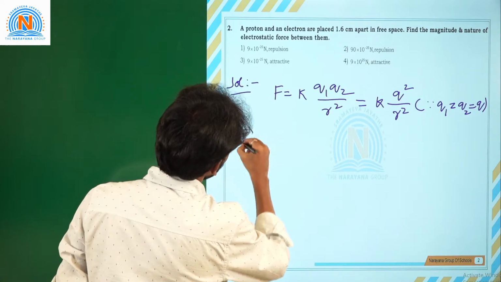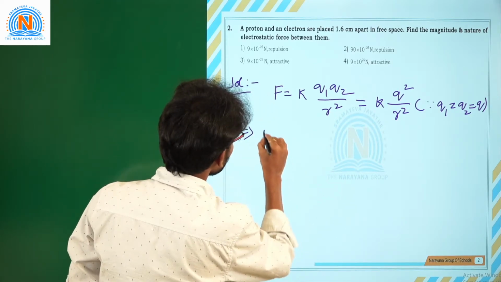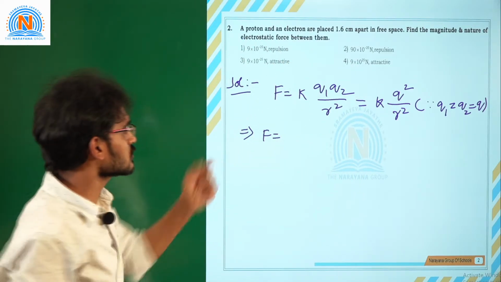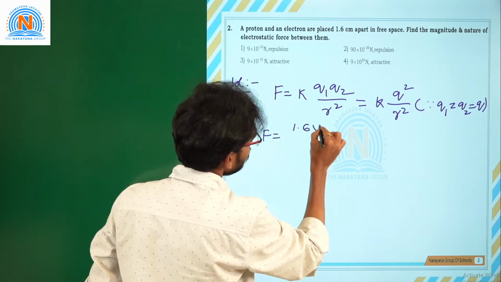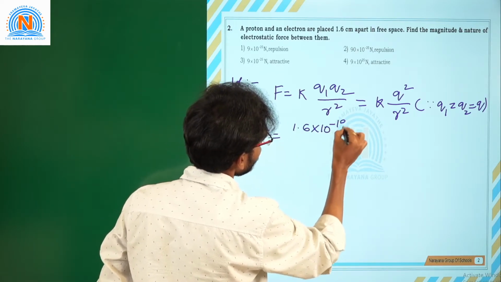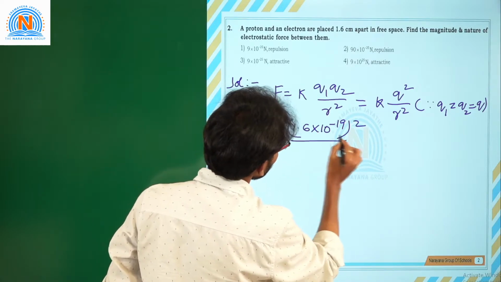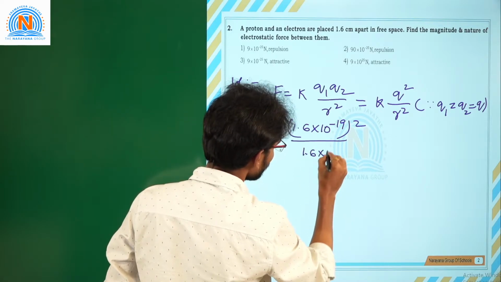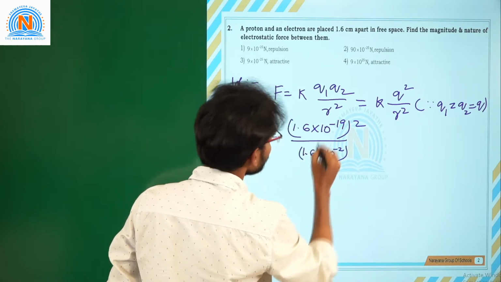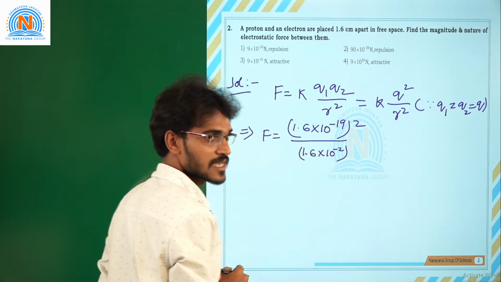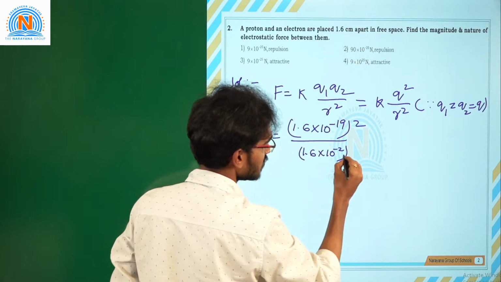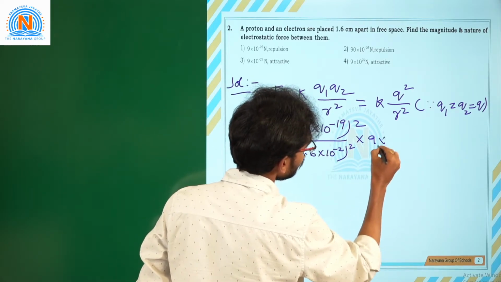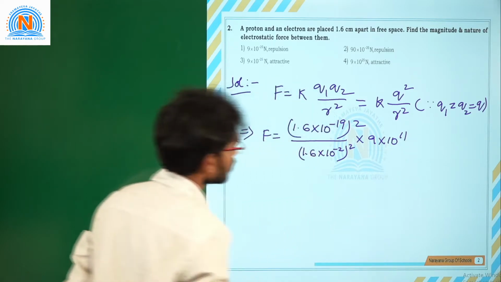And the net charge is given. F is equal to, how much? The charge of the proton and electron is 1.6 × 10^-19, whole square, divided by the separation distance between the proton and electron, which is 1.6 × 10^-2. Here it is given in the CGS system, so I am writing it in the SI system, that's why it is 1.6 × 10^-2, whole square, into the value of K, which is 9 × 10^9.